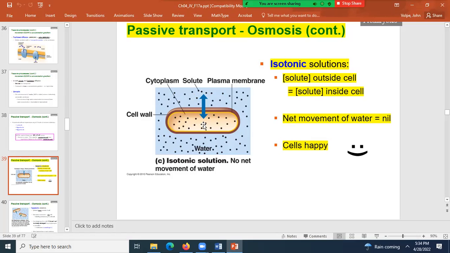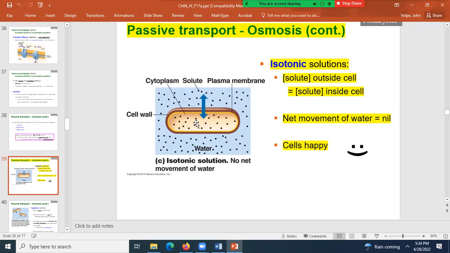The water is moving, but realize the tonicity is what defines the solution. So we're not saying the concentration of water outside the cell is equal to the concentration inside the cell. It's the concentration of solute that is equal outside the cell as what's inside the cell.